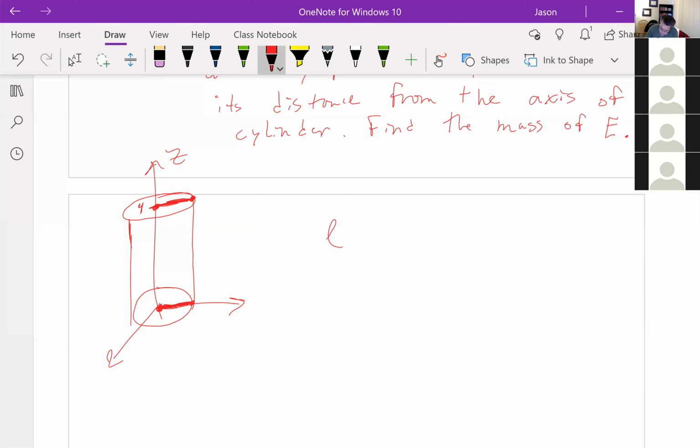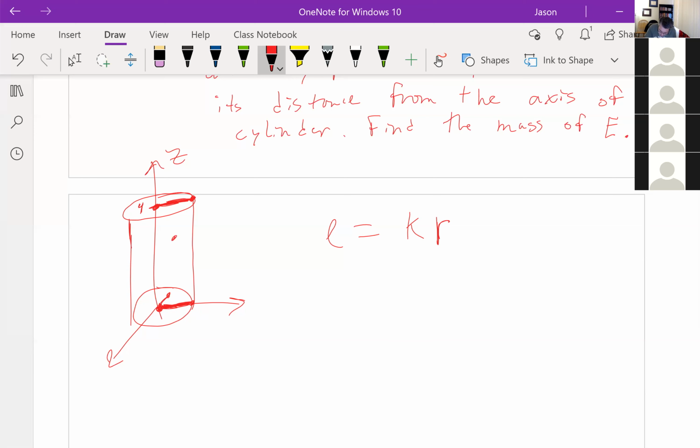So what is the density? The density is going to be proportional to the distance to the center, right? So k r. I'm just going to say some sort of proportionality constant times how far out it is. So say that we had this point here. Well, the density is proportional to how far out the radius is.